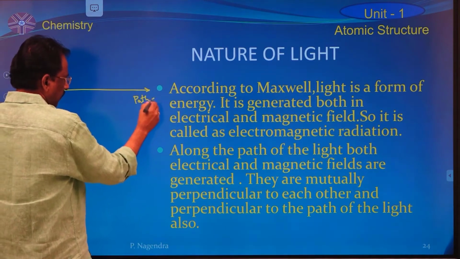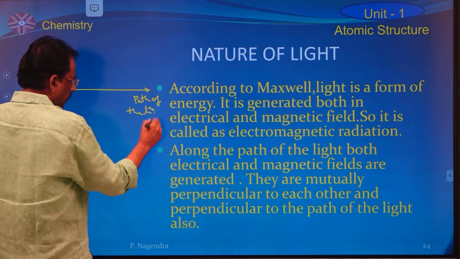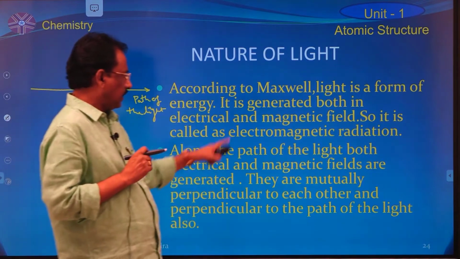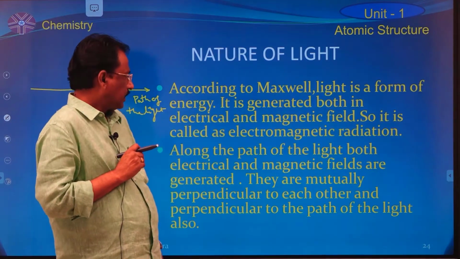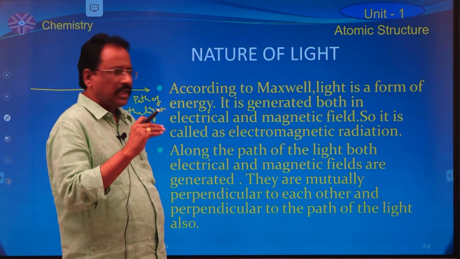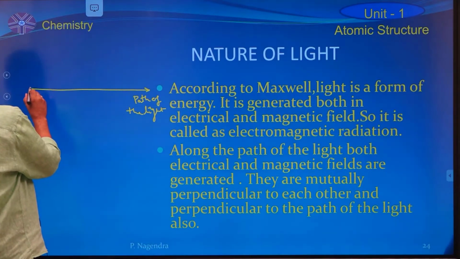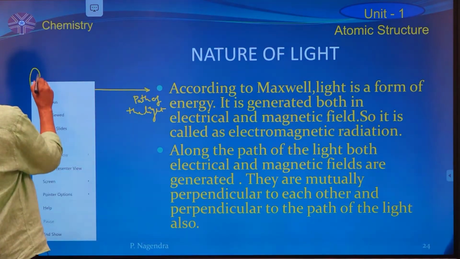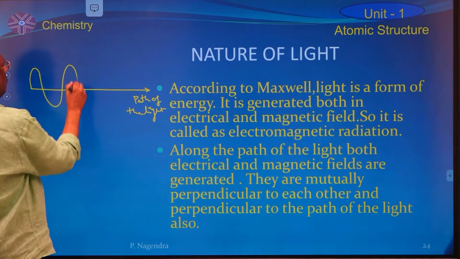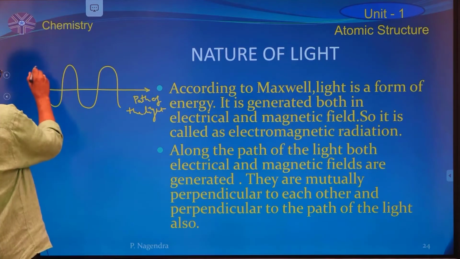That means along the path of the light, according to this theory, both a magnetic field and an electrical field are developed, and at the same time, according to Maxwell's theory, this light is propagated in the form of a wave like this. If this is the generation of the light in the electrical field, this is the propagation of the wave.